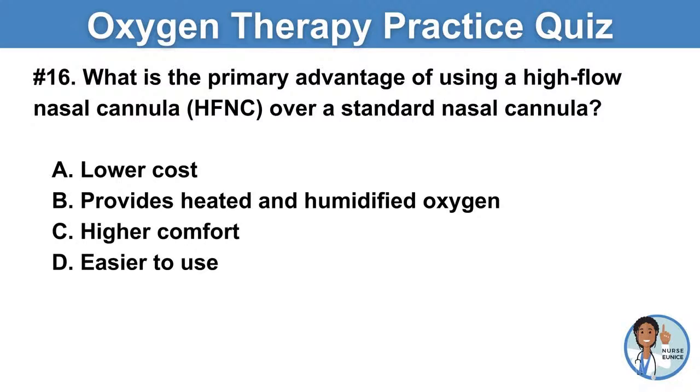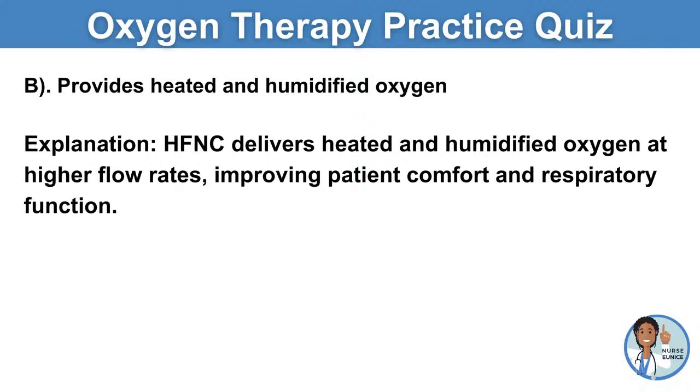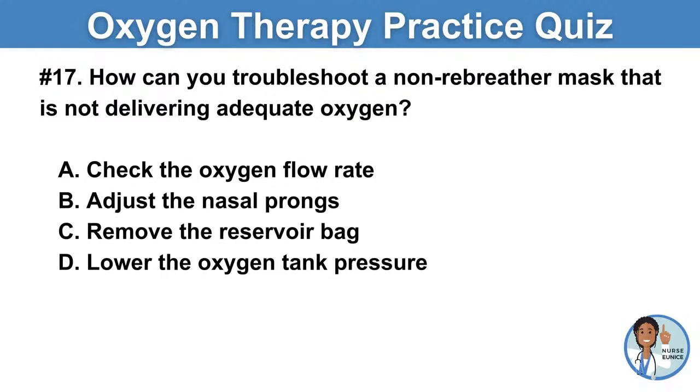A, lower cost, B, provides heated and humidified oxygen, C, higher comfort, or D, easier to use? Yes, Target. Yes, Flossie. So this one is going to be B. I am so proud of you all. You did very well with this test.